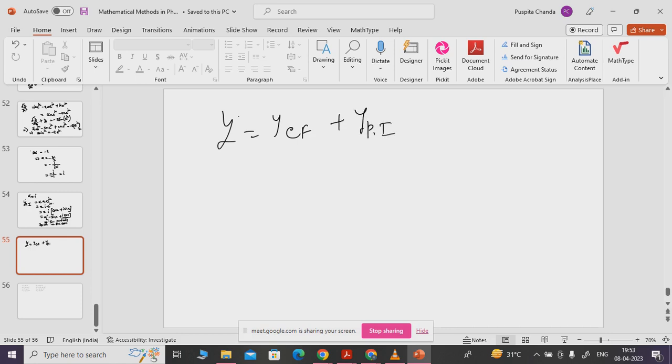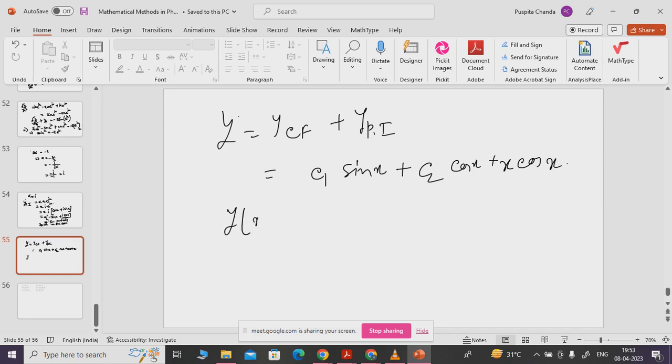So our total solution, y equals complementary function plus particular integral. The complementary function is c1 sin x plus c2 cos x, whatever you can write, plus x cos x.